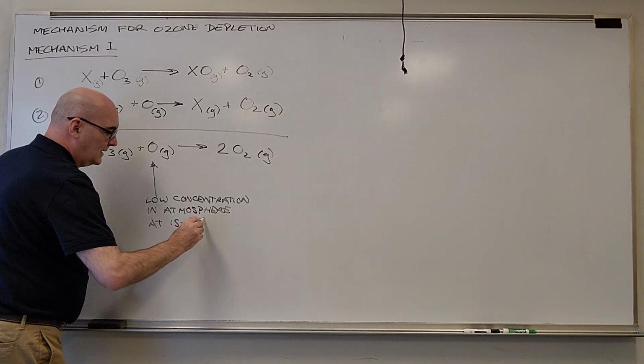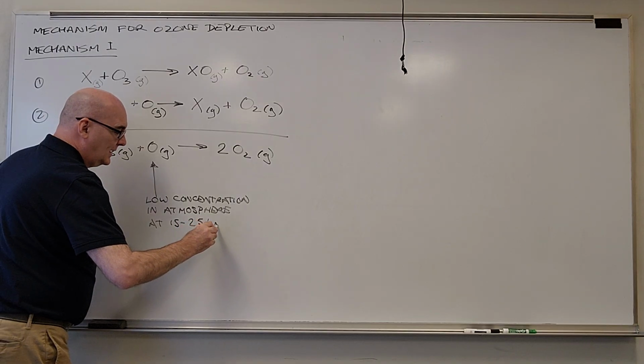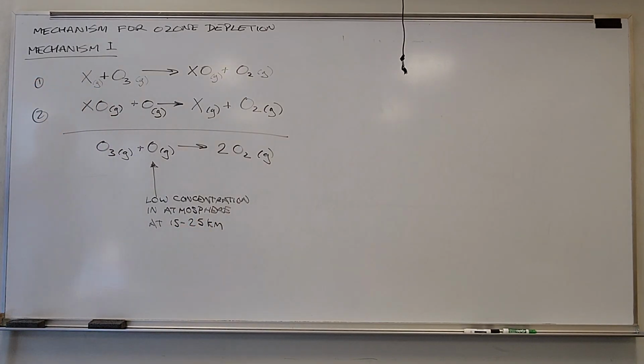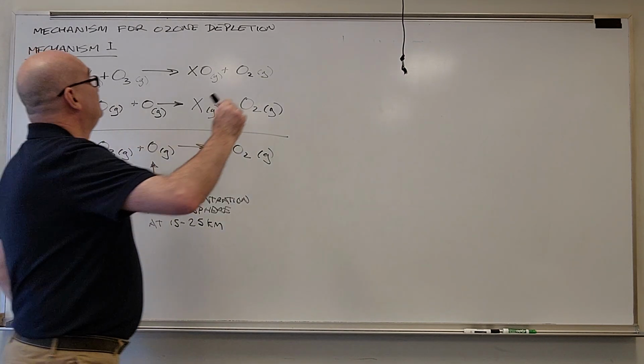So if there's another mechanism that does something to ozone but doesn't include the requirement for that dissociated monatomic oxygen atom, then we should probably consider it. And there is another one.